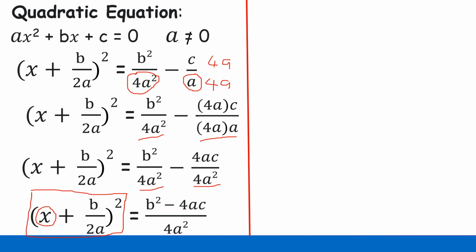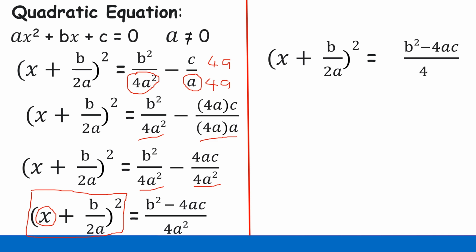So we will be finding the square root of both sides, and that gives us x plus b over 2a all squared is equal to b squared minus 4ac over 4a squared. Like we said, we will find the square root of both sides, and that gives us this expression.